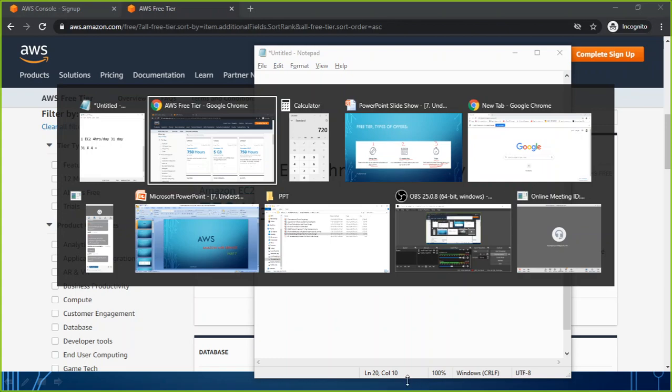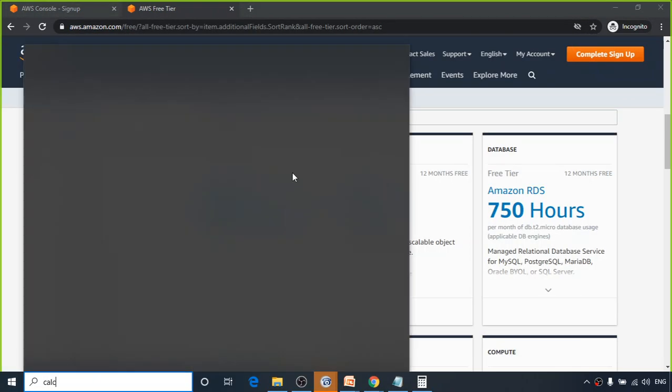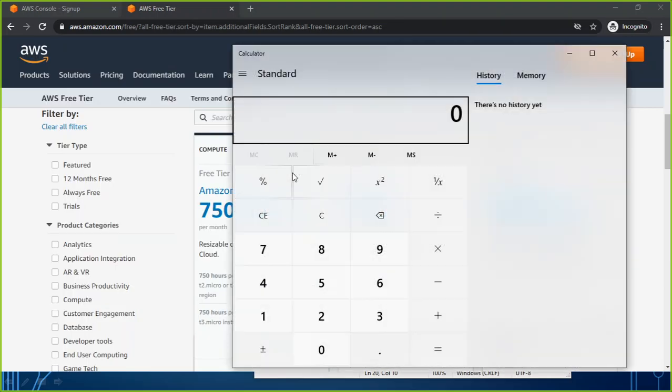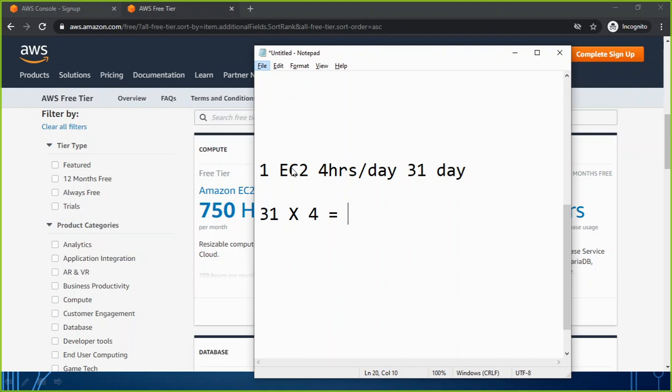If you just calculate it, simply go to the calculator and you can calculate the value. 31 multiplied by 4 is 124 hours. That's it. So you have run the instance for 124 hours only.